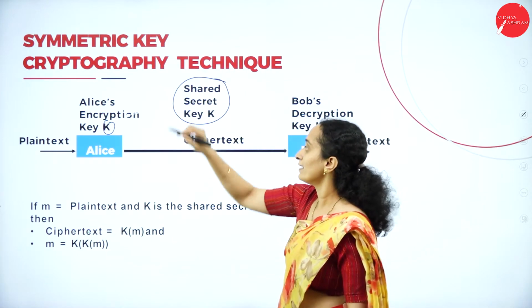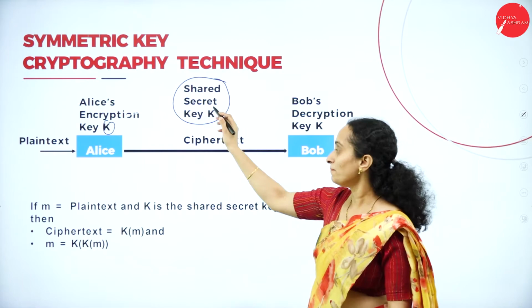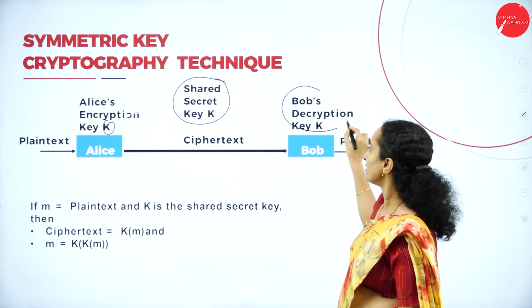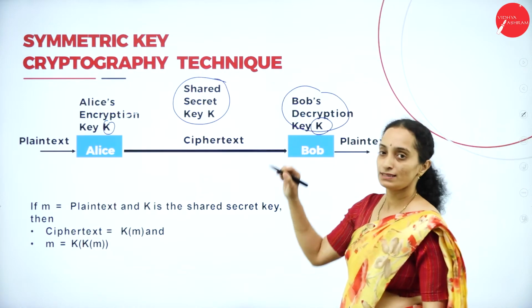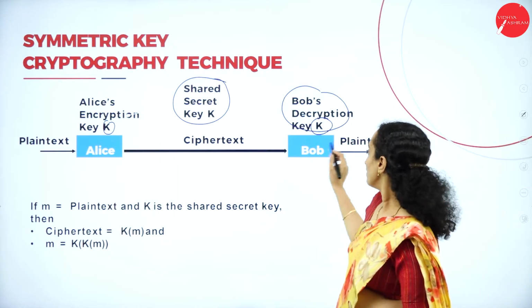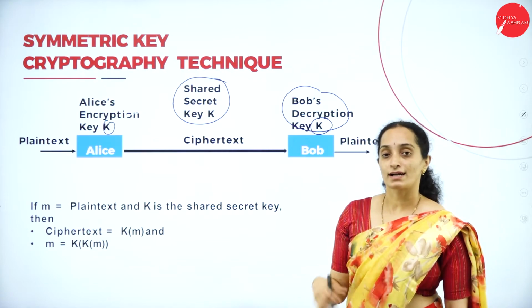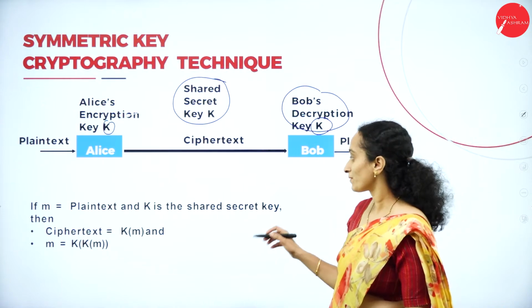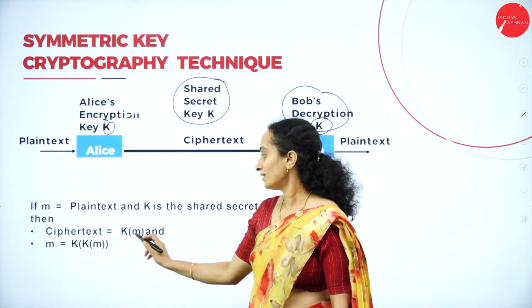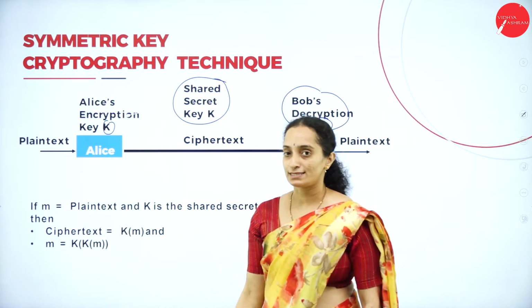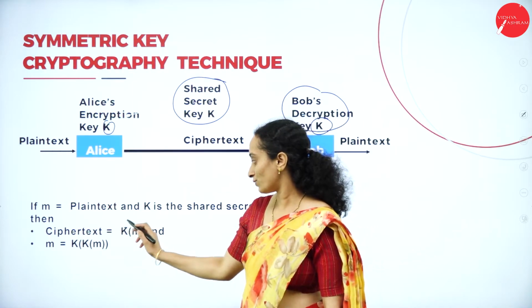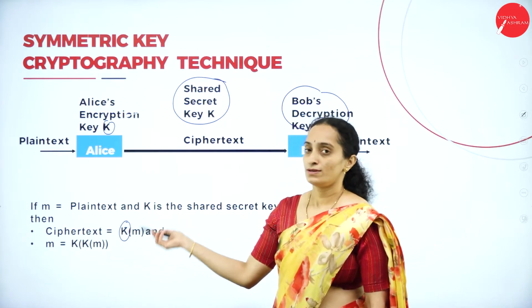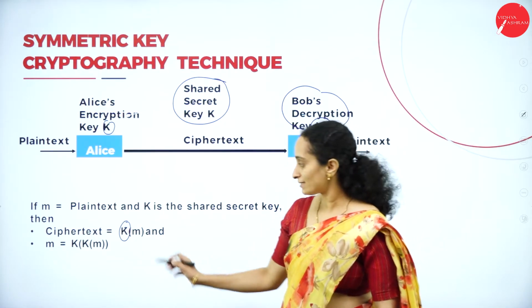Along with the ciphertext, she shares the secret key K, and Bob will receive the same key, which can be used to convert the ciphertext to plain text. If M is the plain text, K can be used to generate a ciphertext.